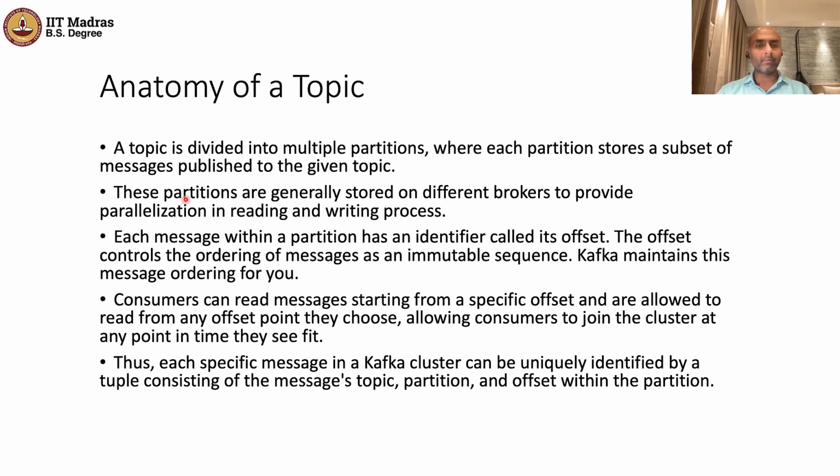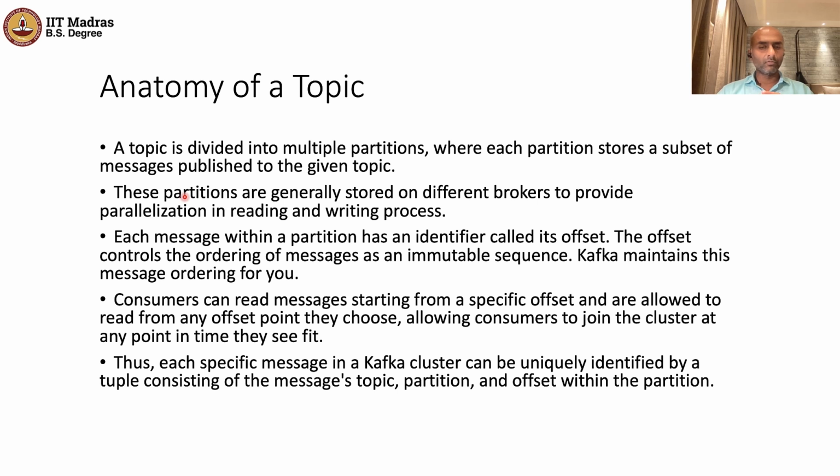And therefore, the partitions were necessarily stored on different brokers, as many brokers as were available in the cluster. So you could have a cluster of 3 brokers, and you could have your topic split across, let's say, 6 partitions, in which case 2 partitions of the topic reside in every broker.